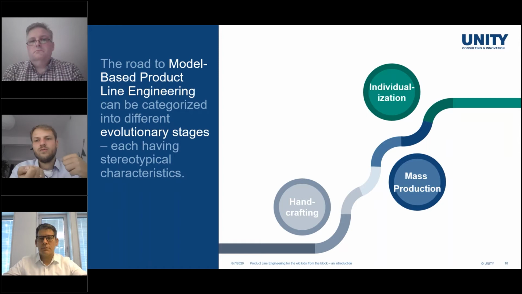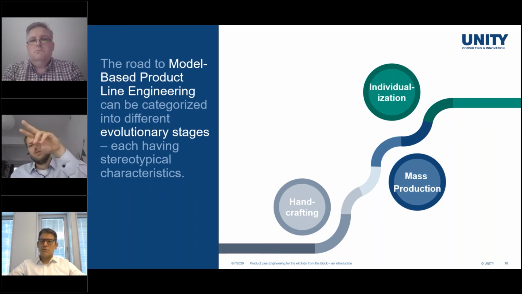We go over to mass production where we use standardized components, and we come to the individualization stage with Industry 4.0, where we use the newest technology to combine standard components, but allow certain flexibility by applying software parameters or different components that are suited for the specific customer.